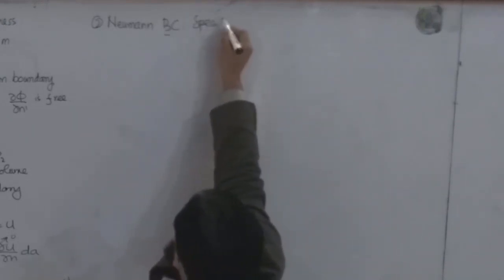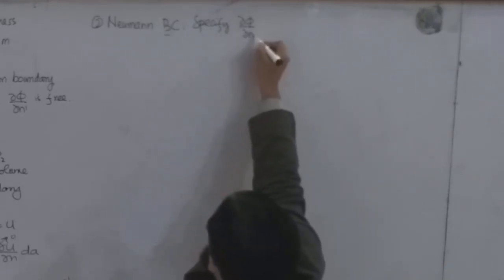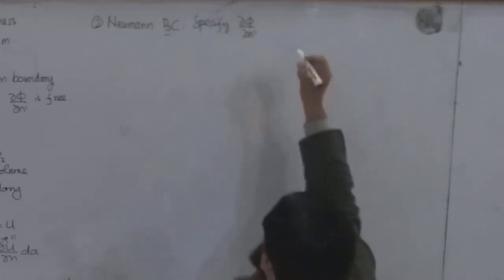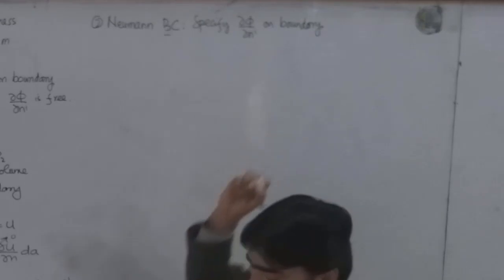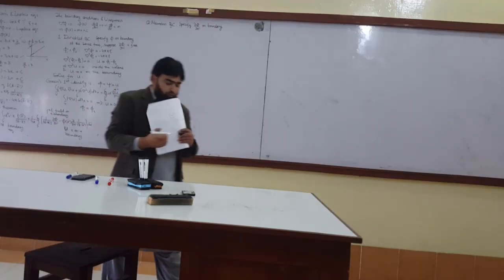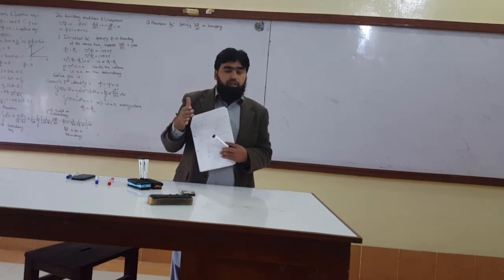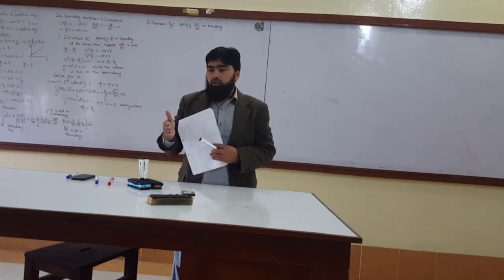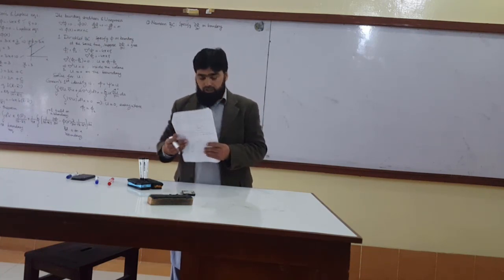We specify curly phi over curly n on the boundary. So now when you fix the value of the electric field on a boundary, then your potential phi will be free. You cannot restrict that one.